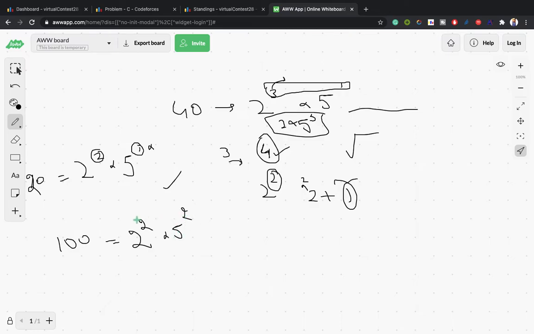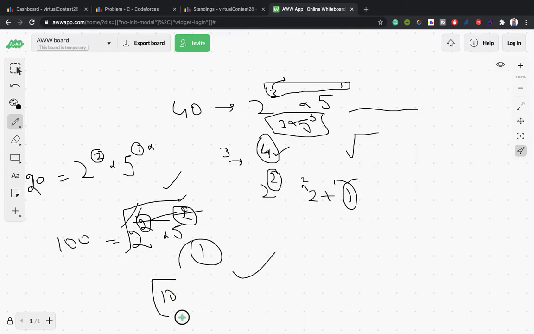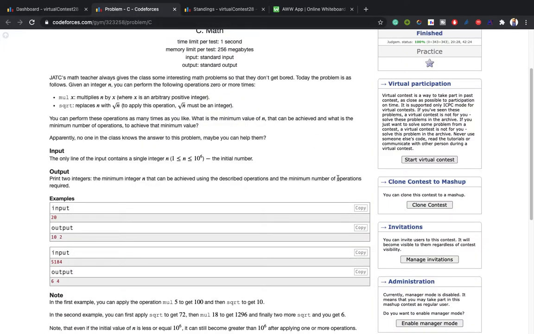So the maximum count of power is 2, and the minimum is also 2. So I don't need any multiplication, because the power is a power of 2. That means it will cancel out by square roots. So here also the need of square root is 1. So my answer will be 1, and the value will be changed to 10. So this is what we need to implement.